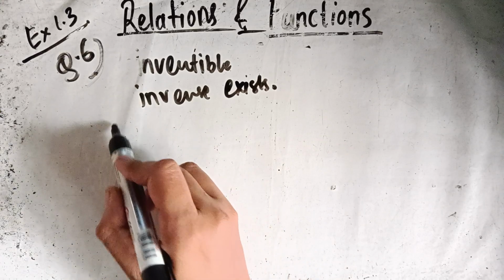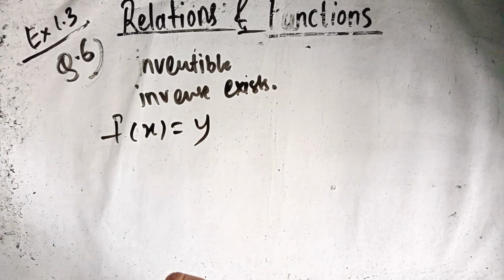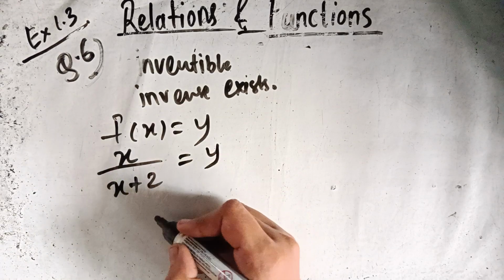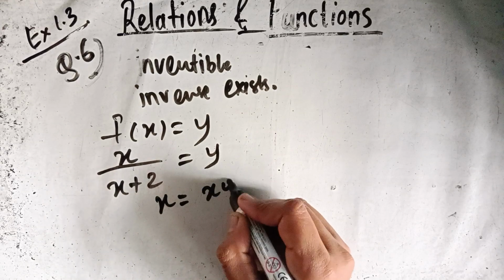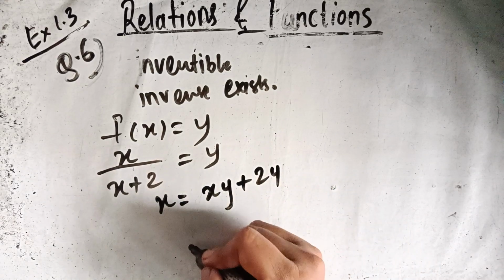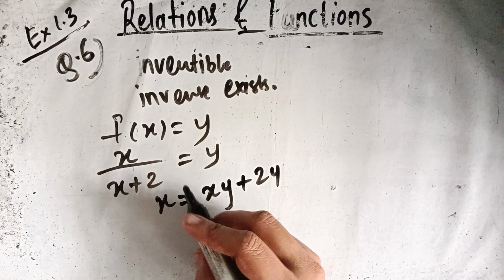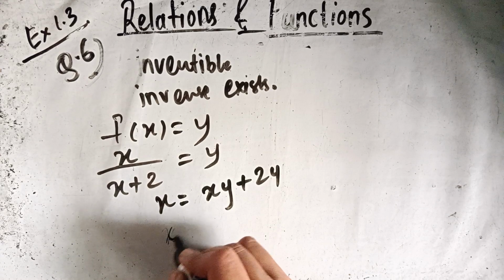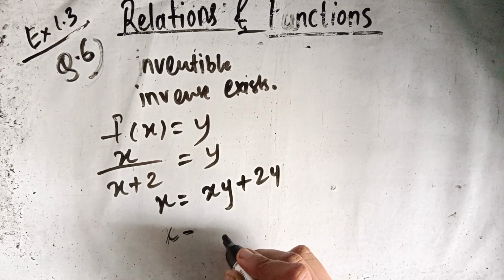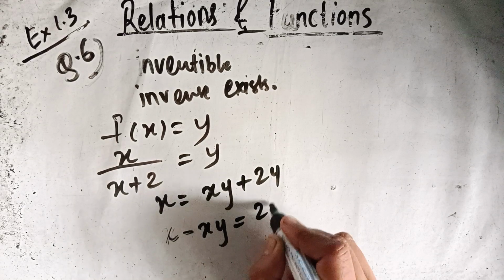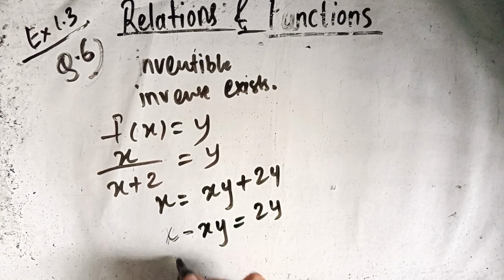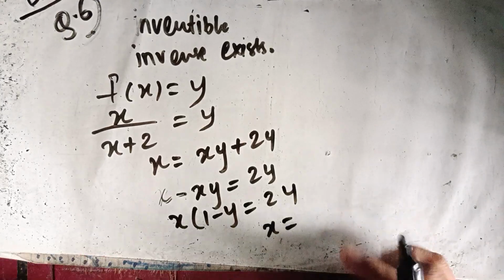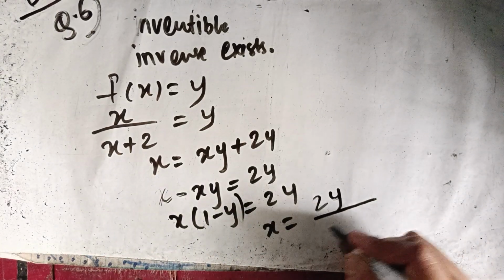So if I take f of x equal to some y, f of x is x upon x plus 2 equal to y. So x is equal to xy plus 2y, which gives x equal to 2y upon 1 minus y.